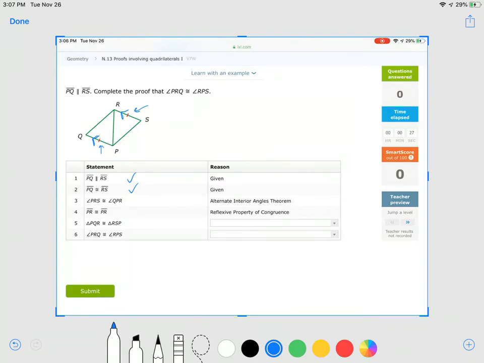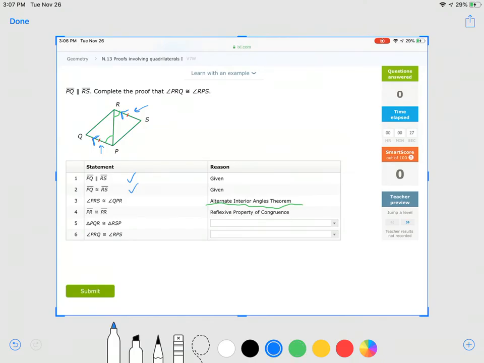Line 3 says angle PRS, which is this angle in green right here, is congruent to QPR, which is this angle right here. And they're saying that's because of the alternate interior angles theorem.